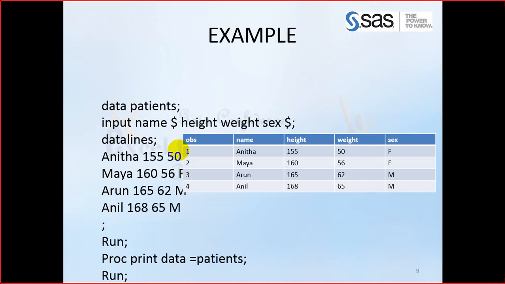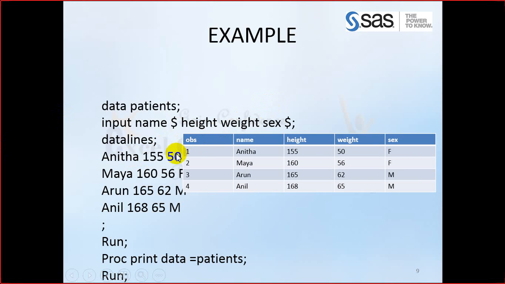This data set we have written the same way. I have given data patients. Patients is the data set name. I'll tell you, while giving the data set name, you need to follow some rules. And input name dollar, because name is a character variable, Anita. Height is a numeric variable.